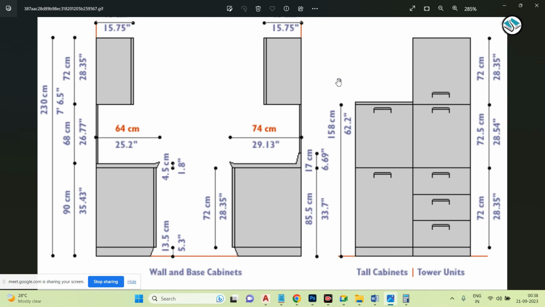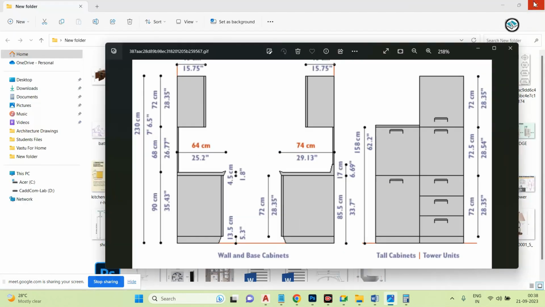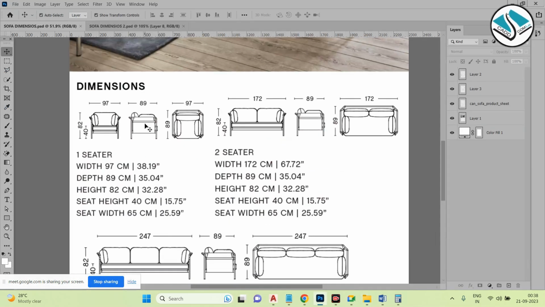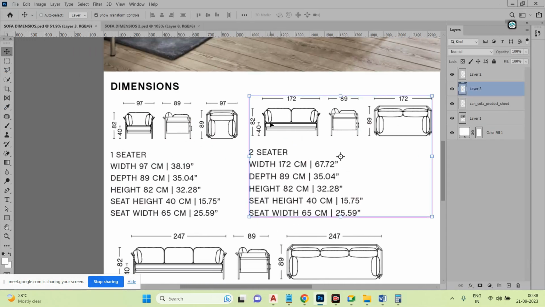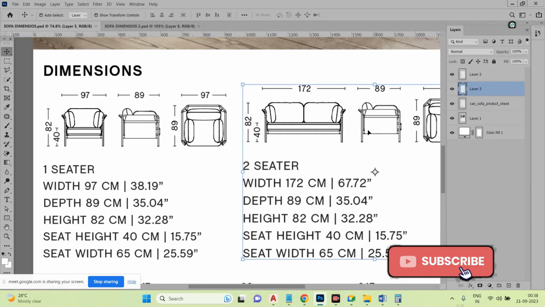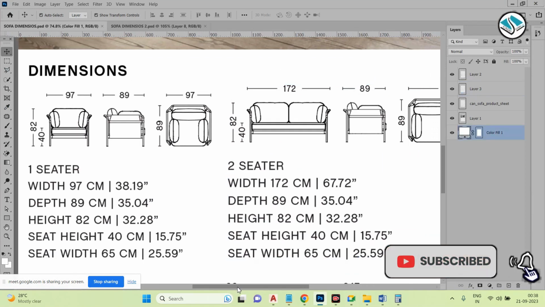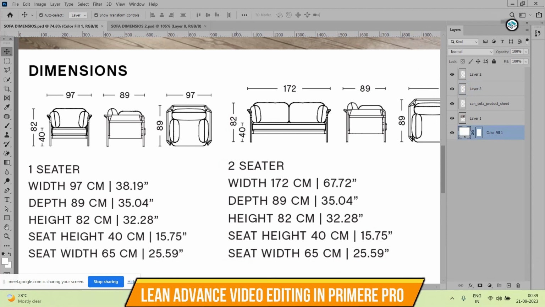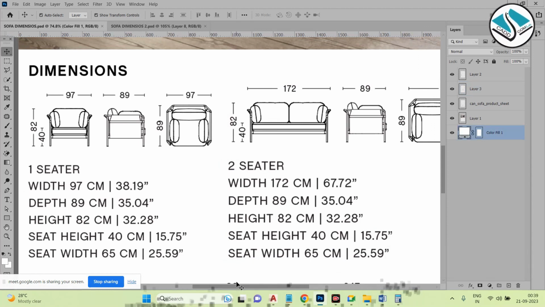Whenever I'm drawing and I have to insert a sofa, but I don't know the standard dimension, that's the problem. I have to think a lot about how much the size should be, so I just waste my time. You can see here sofa.